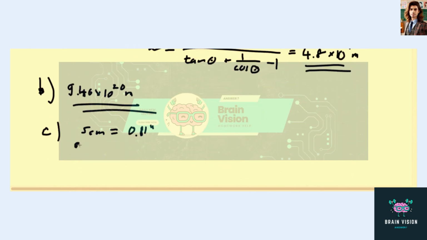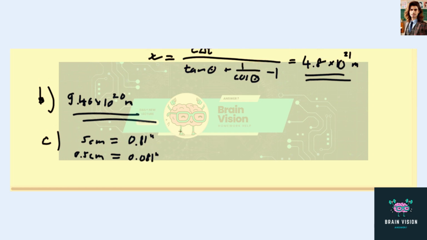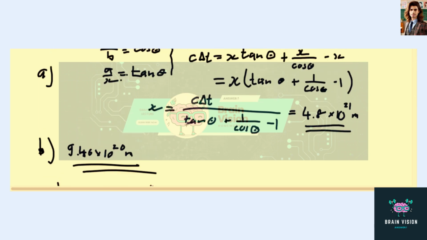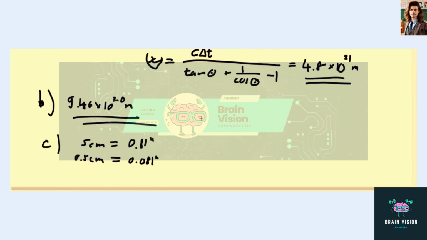So let's say it's 0.5 centimeters, which is then corresponding to 0.081 arc seconds.